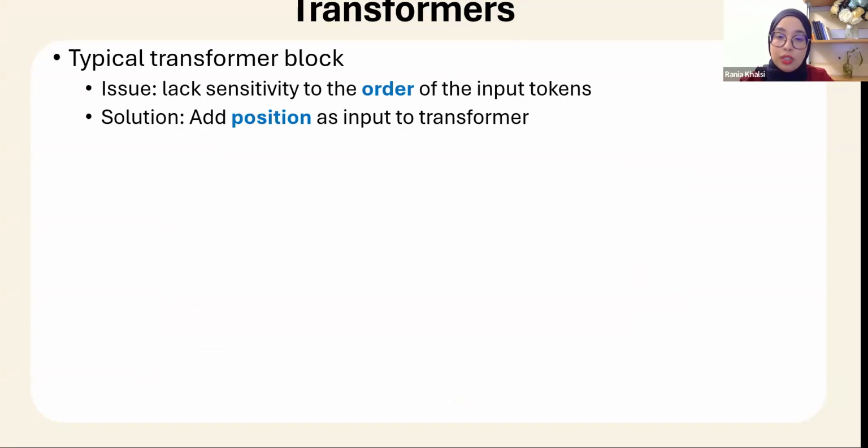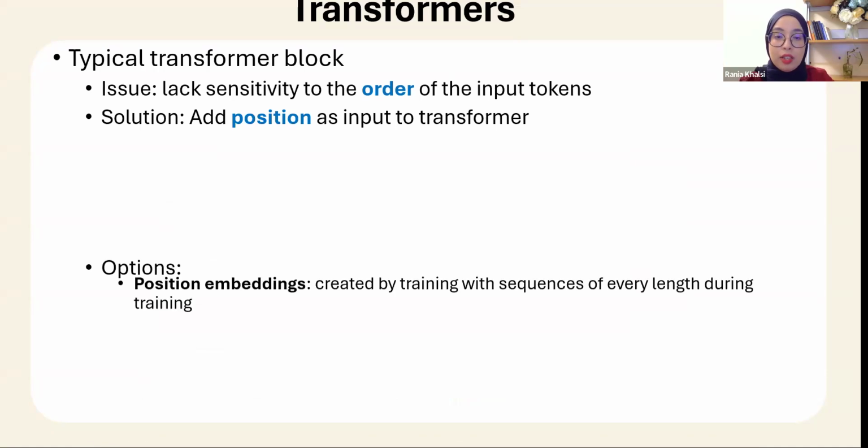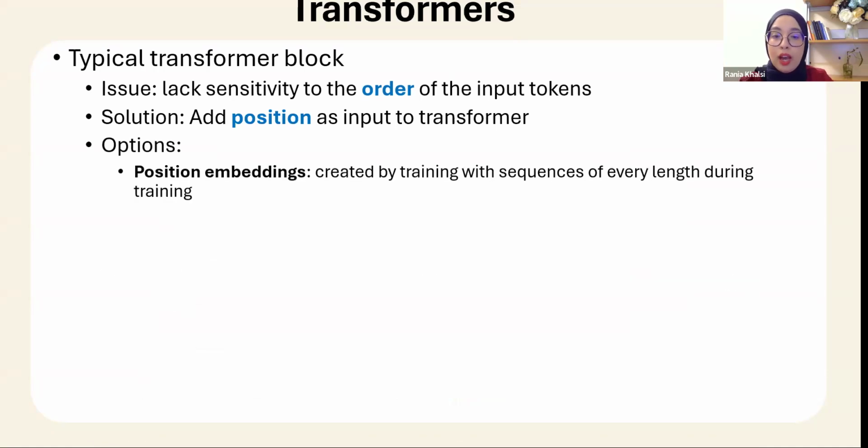The solution is to keep track of the position of each token, and to do this we introduce position embeddings. Position embeddings are learned during training on sentences having varying lengths.